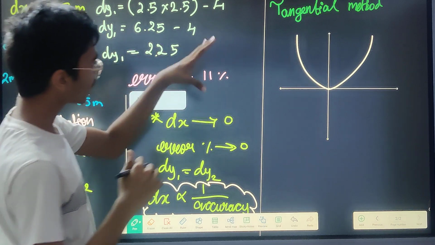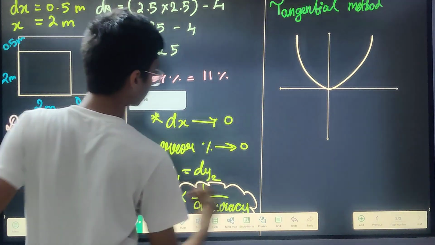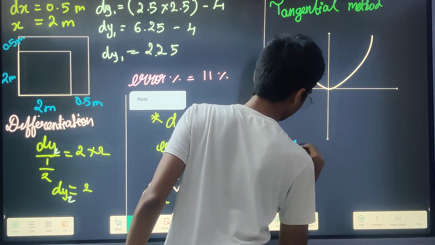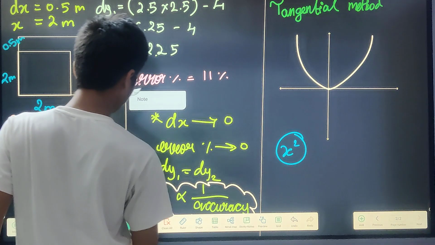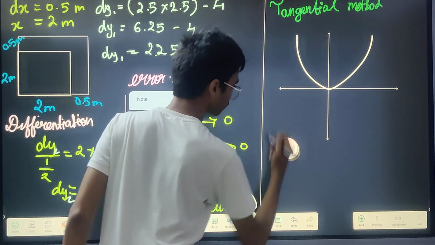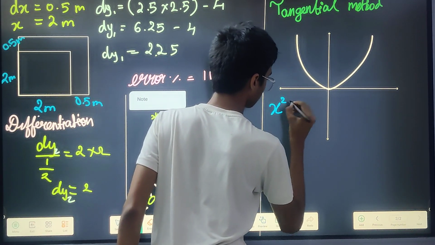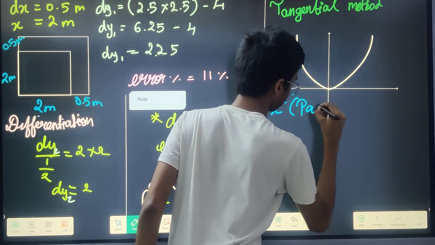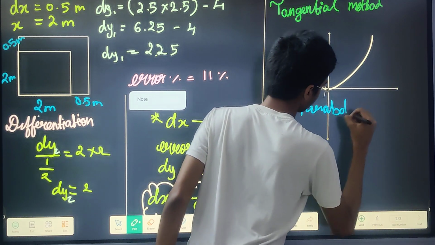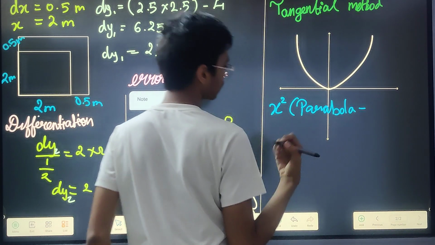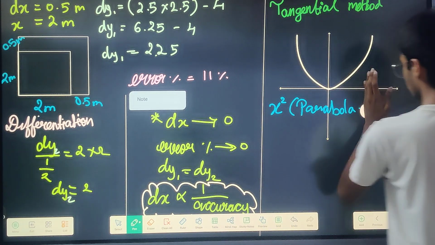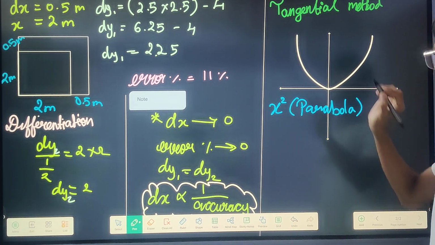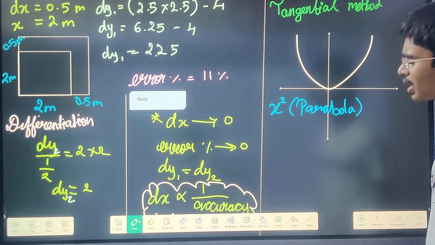So in this parabola, what is your formula? Your formula is going to be x square. X square is the formula for this parabola, which is an upward parabola.